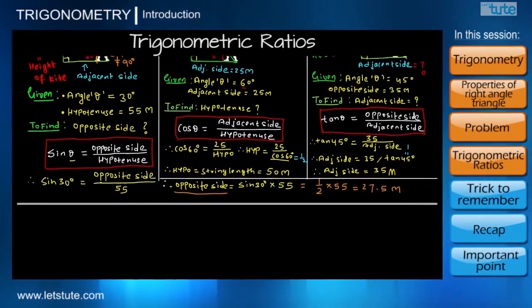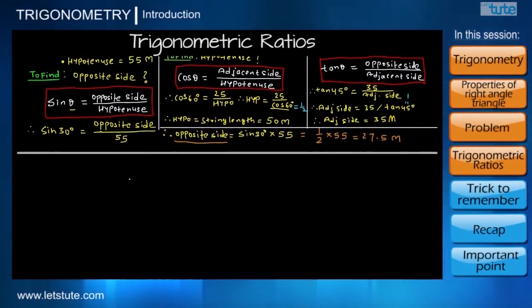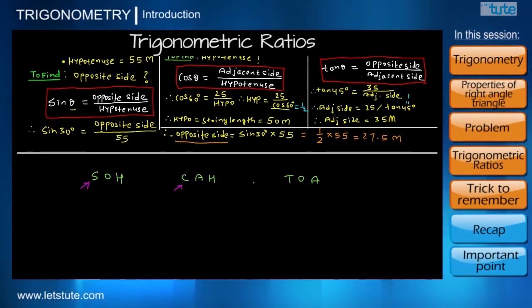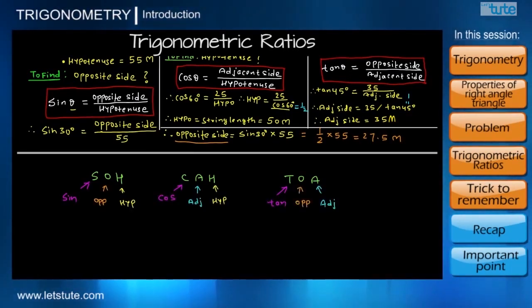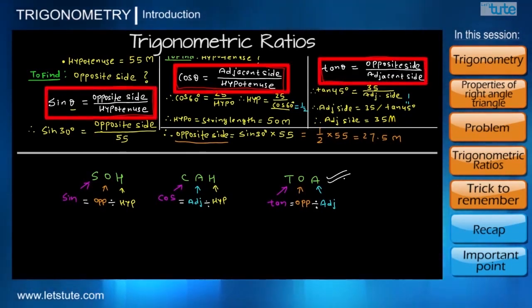We can remember these three trigonometric ratios by remembering a name, SOHCAHTOA, that is SOH, CAH and TOA, where S, C and T stand for sine, cos and tan, and O, A, H stand for opposite side, adjacent side and hypotenuse.